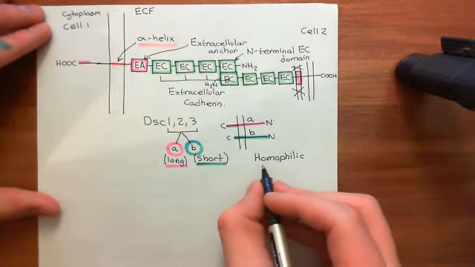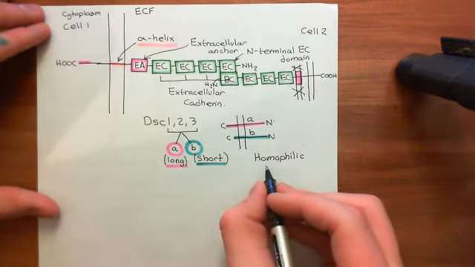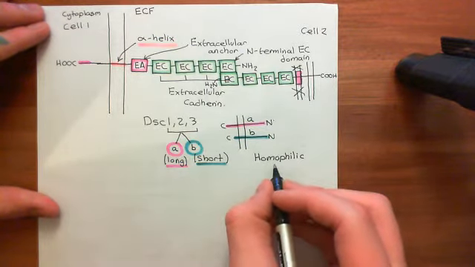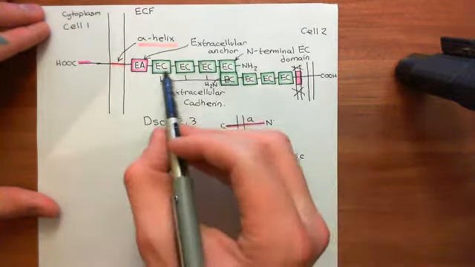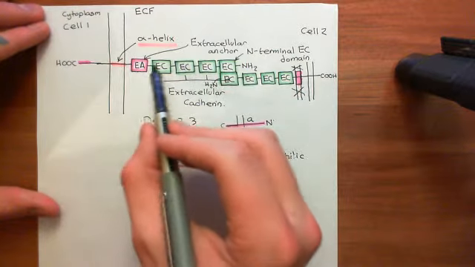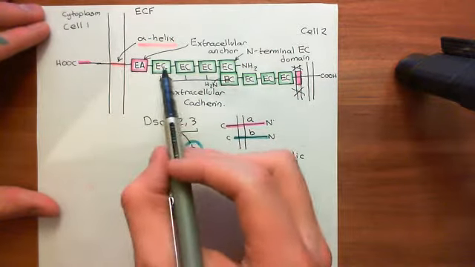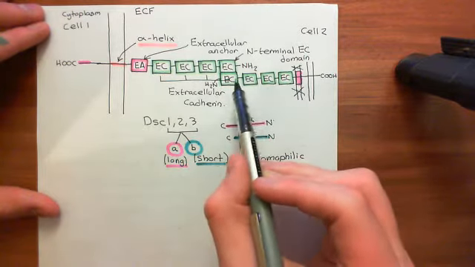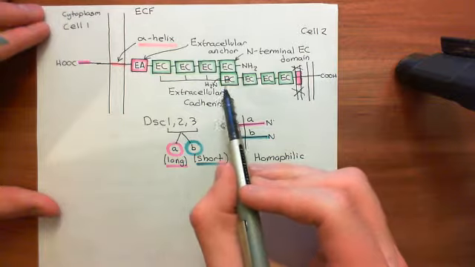Okay, so we'll start with what homophilic binding means. Okay, so basically, homophilic binding refers to when the first desmosomal cadherin here on the first cell is the same type as the second desmosomal cadherin that you have here on the second cell.